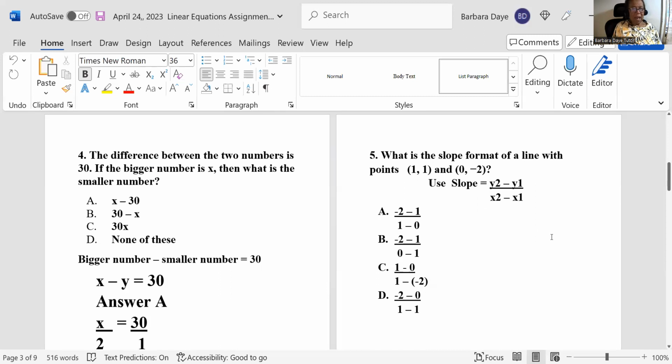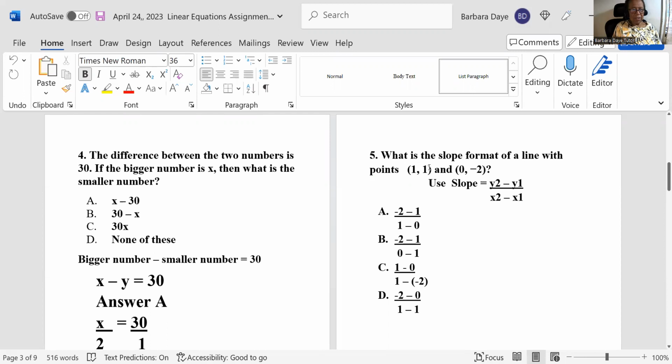So what are your Y values, Maureen? My Y values is 1 and minus 2. That's right, 1 and minus 2. What are your X values? 0 and minus 2. No, 0 and what? There's 1 right there, 0.